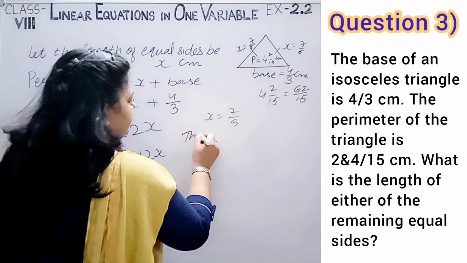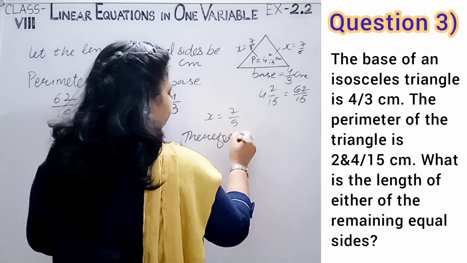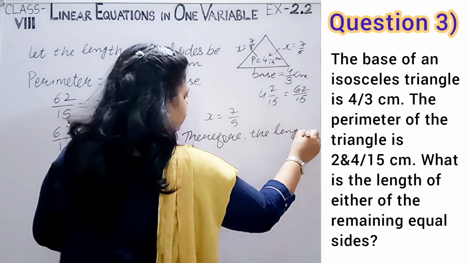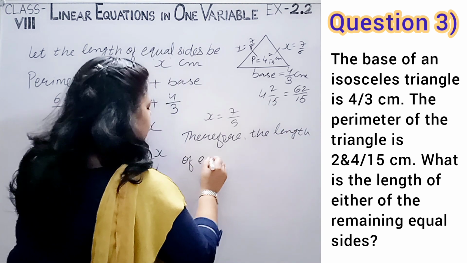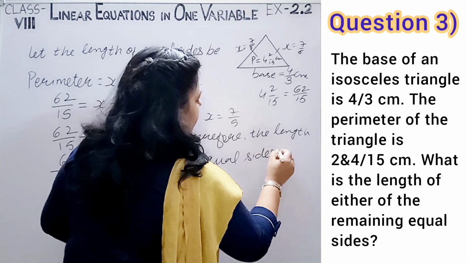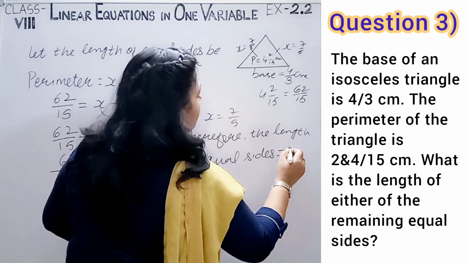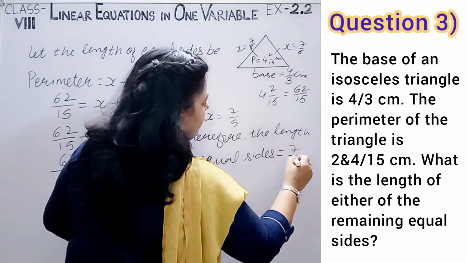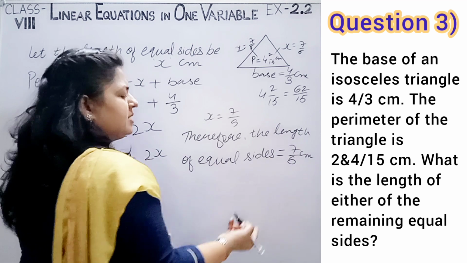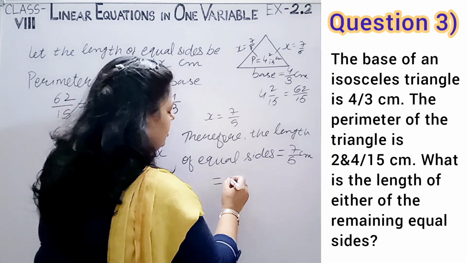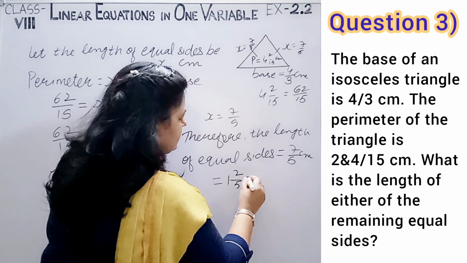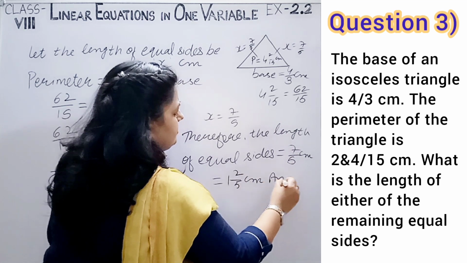So the length of equal sides is 7 upon 5 centimeter. Or we can change this fraction into a mixed number also, and it will be 1 whole 2 upon 5 centimeter. Answer.